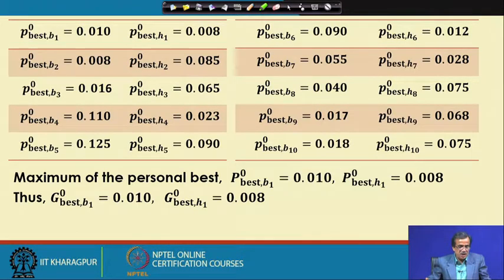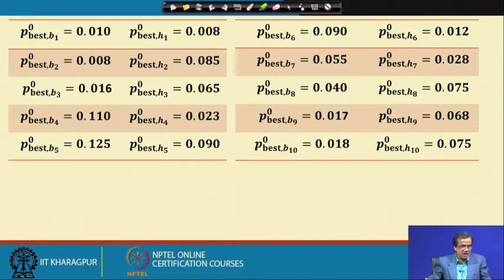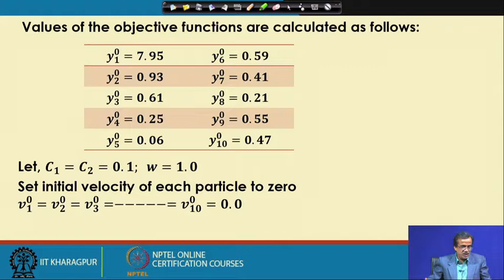Let us find the best value for the objective function. This shows the values of the objective function corresponding to the 10 combinations of the design variables.